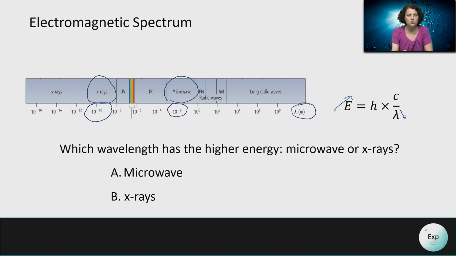Of these two, the shorter wavelength belongs to X-rays, which means that the higher energy will also belong to X-rays. So regardless of whether we're using the frequency or the wavelength side of the electromagnetic spectrum provided, both of those should lead us to the same conclusion regarding the energy, that the higher energy belongs to the higher frequency and correspondingly the shorter wavelength radiation.